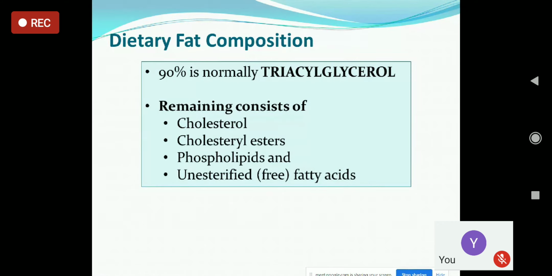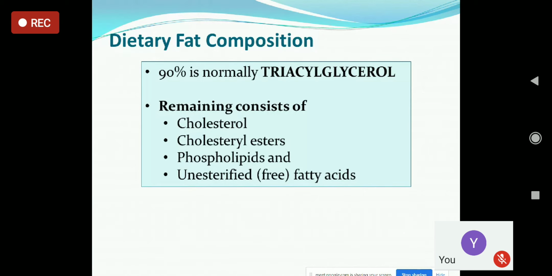So now we will talk about the next nutrient that gets digested, which is fats. The most common form in which we consume fat is triacylglycerol. So 90% of our dietary fat is triacylglycerol. The remaining consists of cholesterol, cholesterol esters, phospholipids, and free fatty acids.